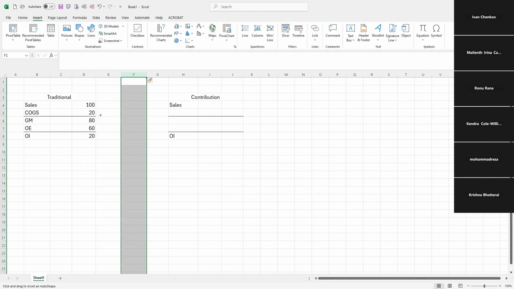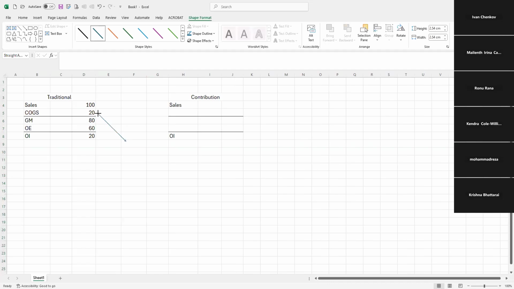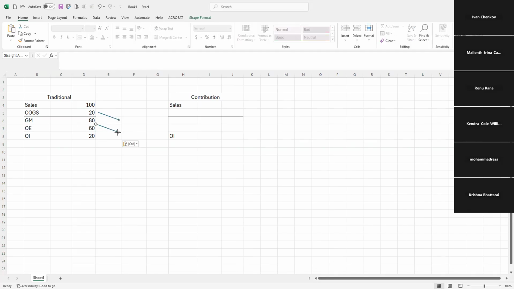What I'm going to do is pull this $20 and move it here. Then I'm going to pull this $60 and put it here. Make sense? So my total cost obviously is $80. If my sales are 100 and my operating income is 20, my total costs are $80. There's no magic in that.